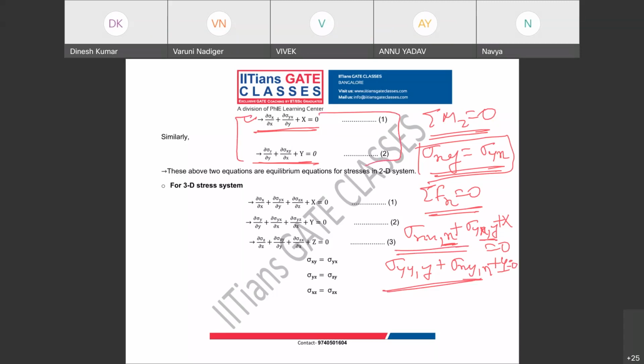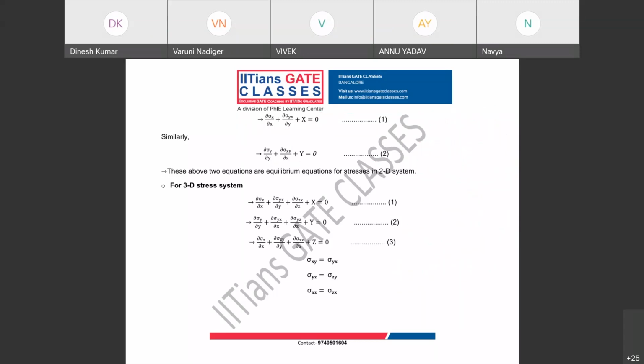If you take a three-dimensional system, you'll have another component, which is the z component. So you can see it is sigma xx comma x plus sigma yx comma y plus sigma zx comma z plus X equal to 0.